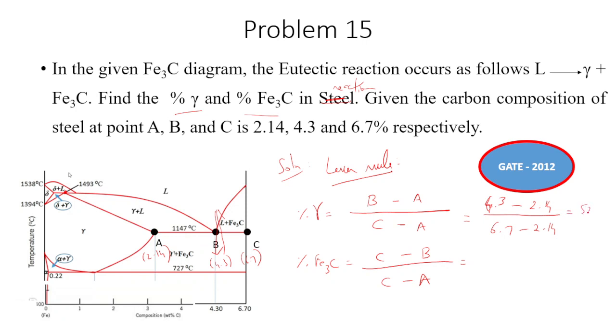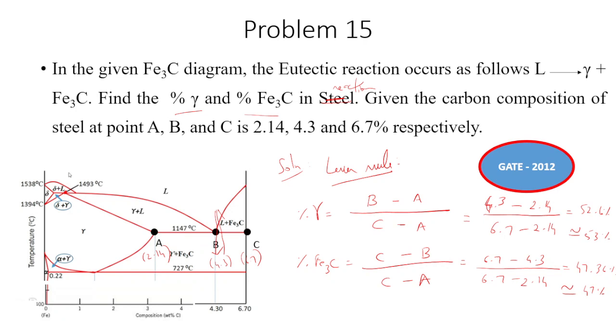The answer is 52.6 percent, or approximately 53 percent. And for the percentage of Fe3C, it is 6.7 minus 4.3 divided by 6.7 minus 2.14, which is 47.36 percent, approximately 47 percent, because we round off only if it is greater than 0.5. Since here it is lesser than 0.5, we can maintain this as 47 itself.